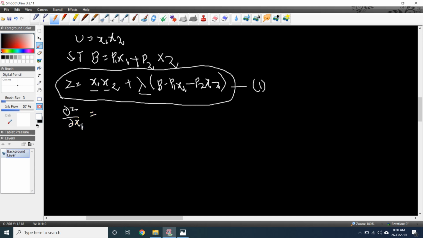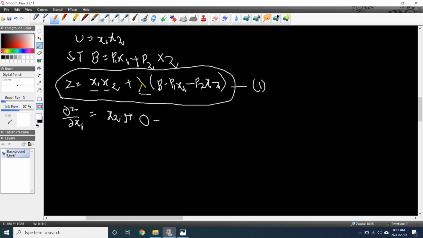Let's name this equation 1, del z divided by del x1. We will get x2 plus, when we differentiate x1 x2, we will assume x2 as constant, so the derivative of x1 with respect to x1 is 1. Then plus lambda times b, our income, which is constant, so its derivative with respect to x1 will be 0.